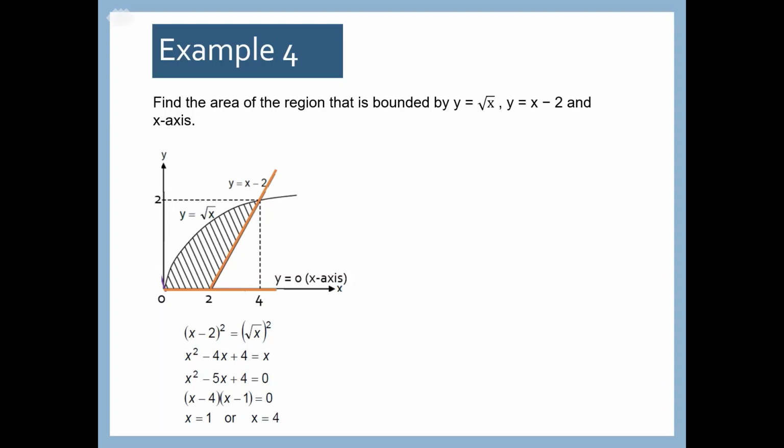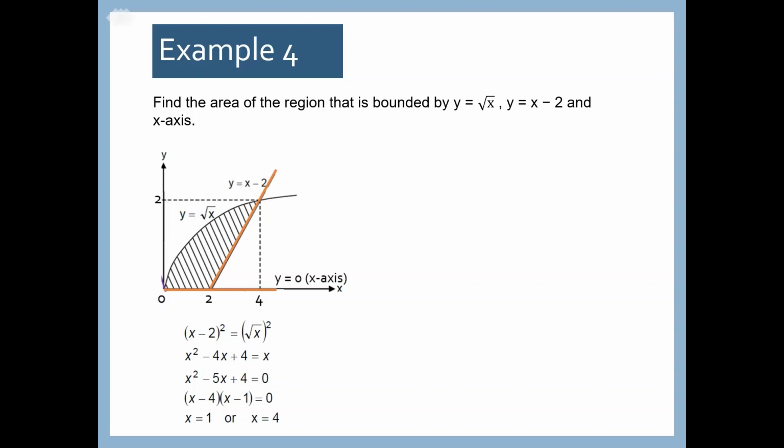By letting y equal to 0 for both functions and solving for x, you will obtain two intersections at x equal to 1 and x equal to 4. Y equal to x minus 2 intersects the x-axis at x equal to 2.